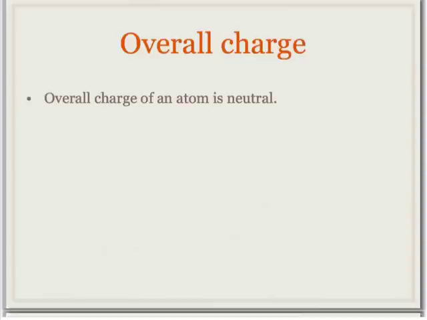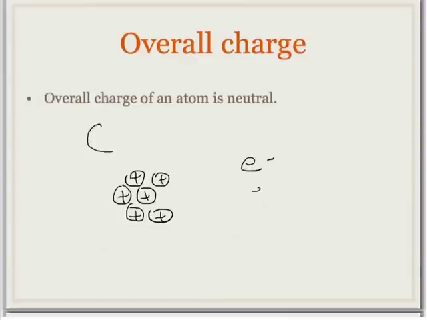So let's say we have a carbon atom, and it has 6 protons, so we're going to have all those positive charges, and we'll also have 6 electrons. So a very simple math problem, you'd have 6 minus 6, and that would give you a charge of 0.